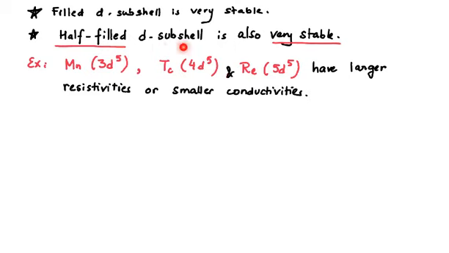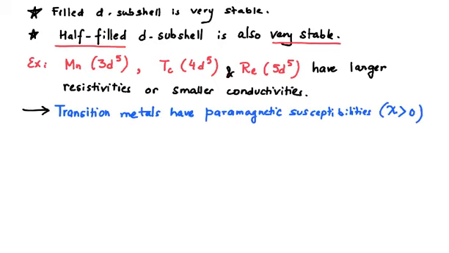And if an element is stable, what does that mean? It will have larger resistivity. That means an electron cannot be easily removed. So these elements with half-filled d orbitals are also very stable, and that's why they have larger resistivities or smaller conductivities. An electron cannot be easily taken out.